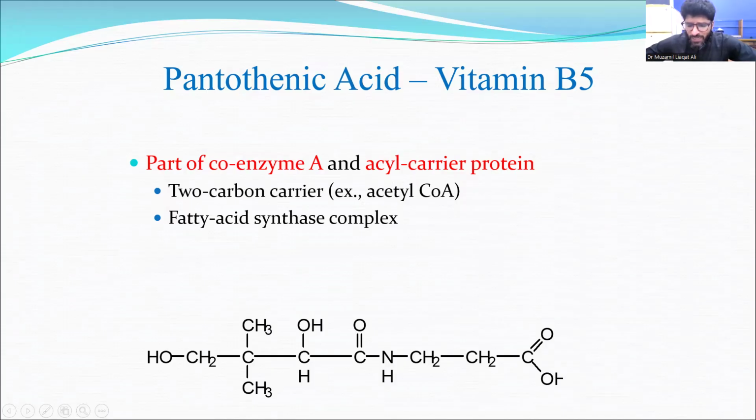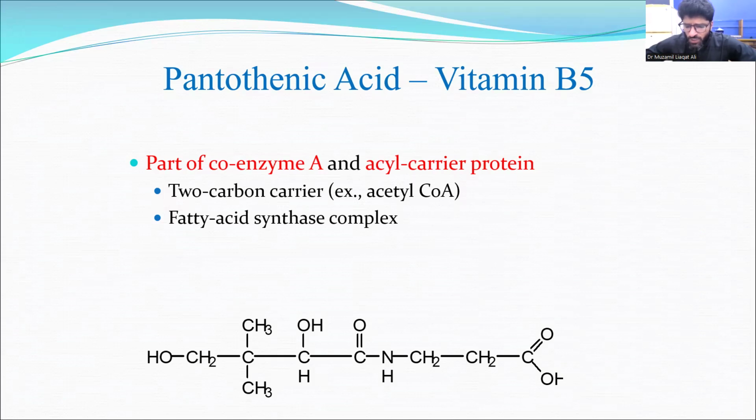Let's quickly align. B1 is TPP, the active form that is involved in carbohydrate metabolism. B2, the active form is FAD and FMN, involved in redox reactions. And vitamin B3, the active form is NAD and NADP, involved in the electron transport chain, right?